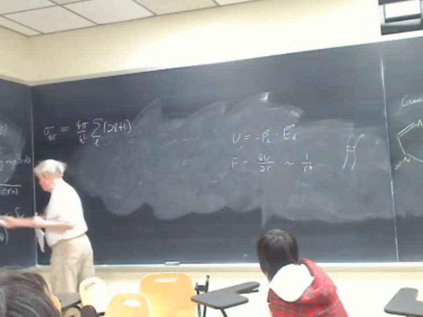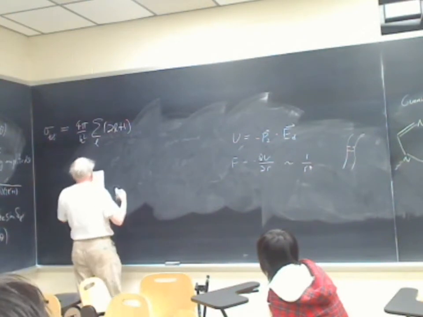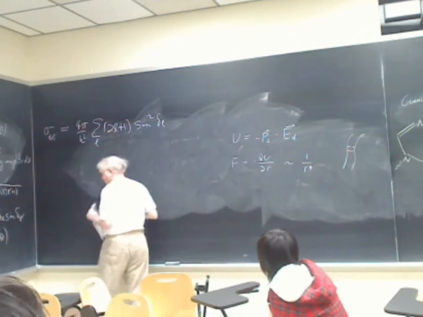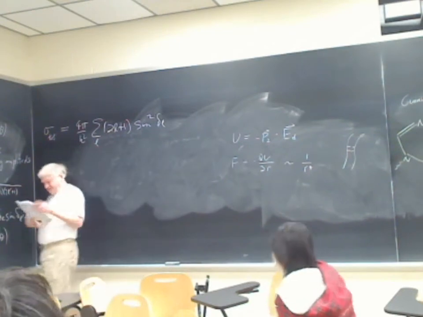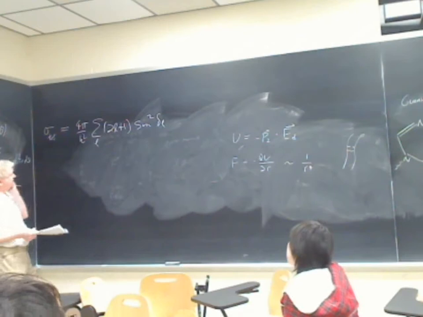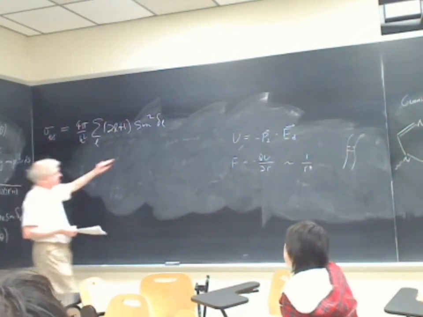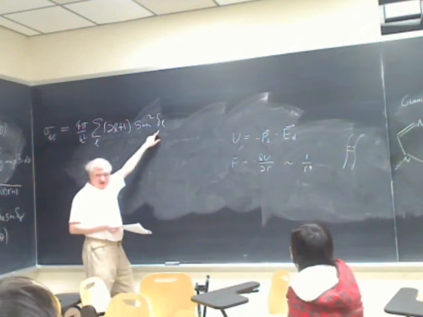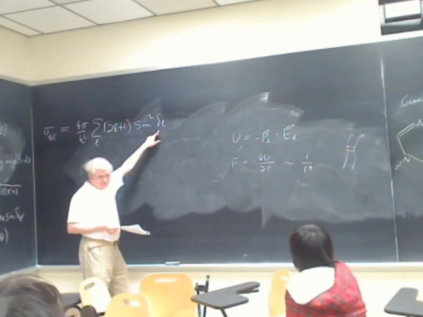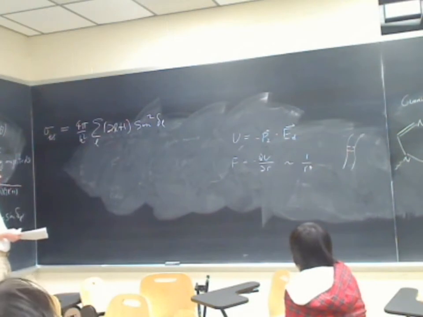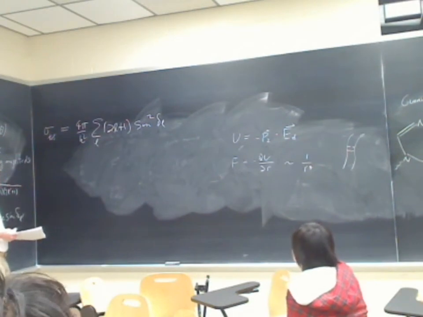The phases cancel, and you get sine squared delta L. So that is the actual formula for the total cross-section in potential scattering. So you see, if these phase shifts are 0, there's no scattering at all. Okay. So any questions?